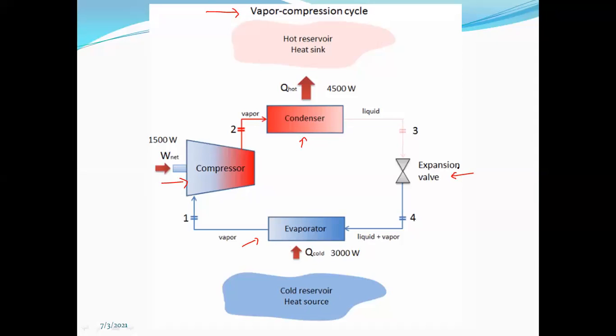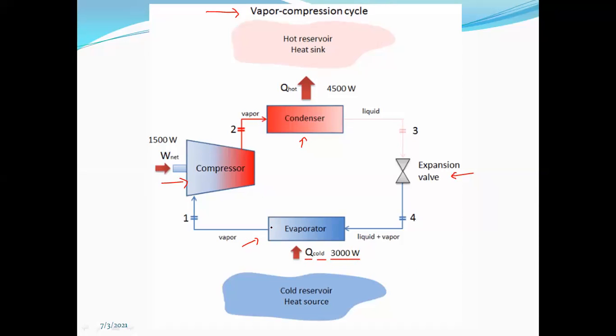Here Q stands for energy, that is the cold reservoir. Even if it has a certain amount of heat, it is transferred at 3000 watt from the evaporator to the compressor. They have measured the amount of heat even if the cold substance is there, which is about 3000 watt in the case of the vapor compression cycle.